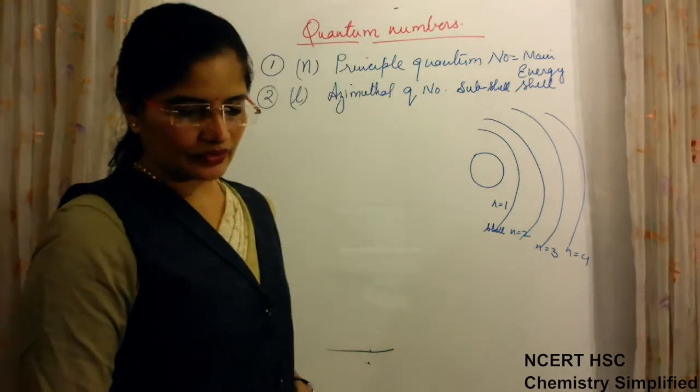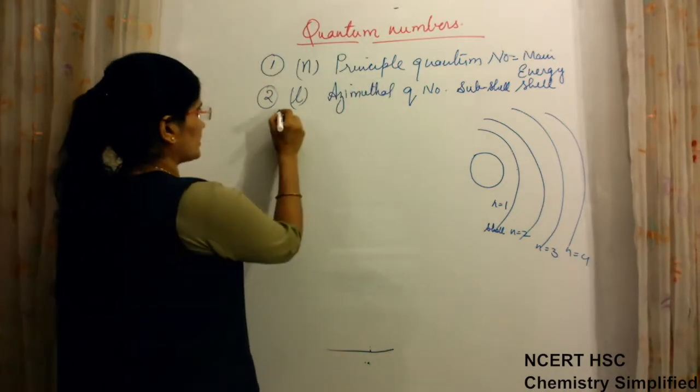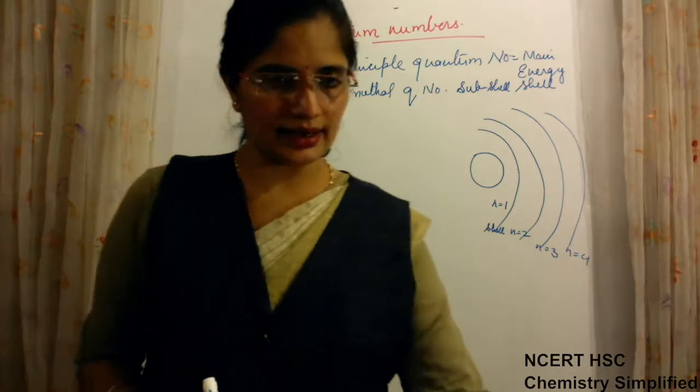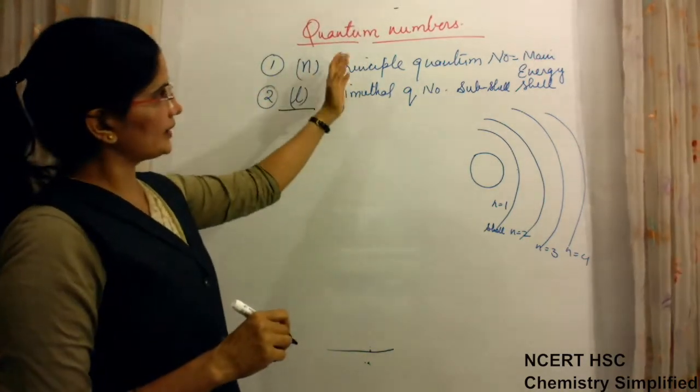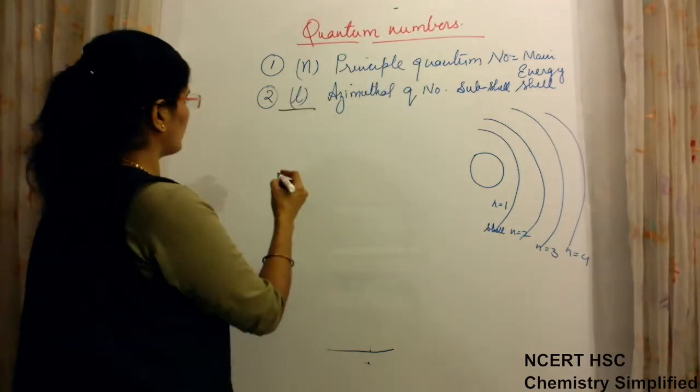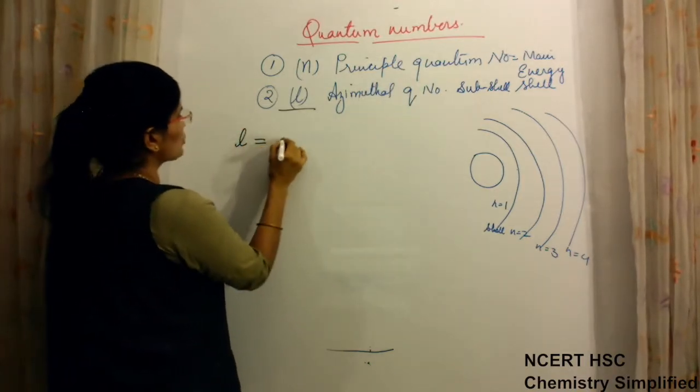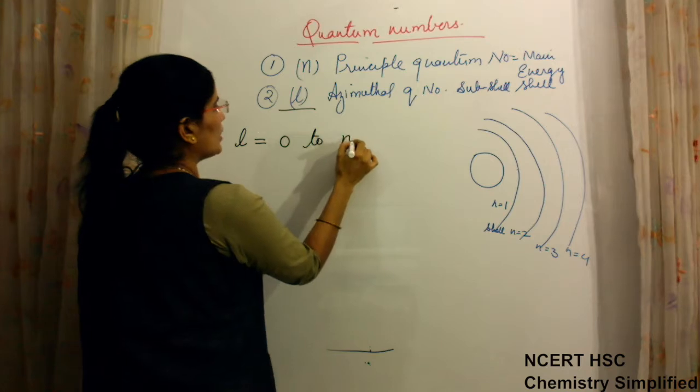According to this, we had studied yesterday that the azimuthal quantum number, that is L, or subshells, are decided according to the principal quantum number. L has values from 0 to n minus 1.